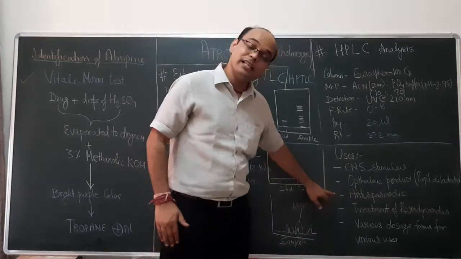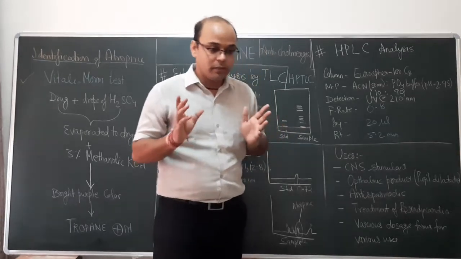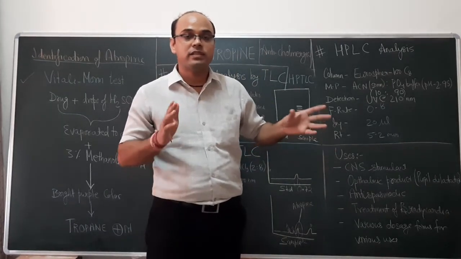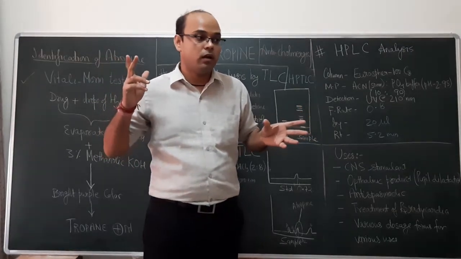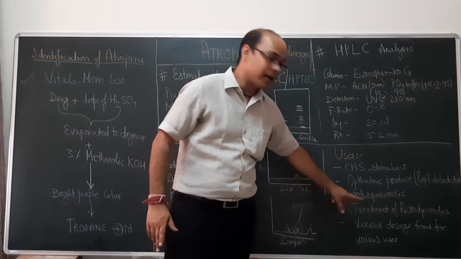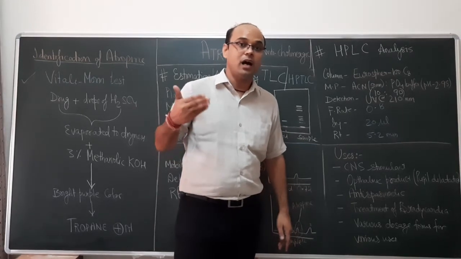It is an excellent antispasmodic, and there must be confusion that one side it is a CNS stimulant and one side it is causing your antispasmodic action, and it is also used in the treatment of bradycardia. Bradycardia means increased heart rate.